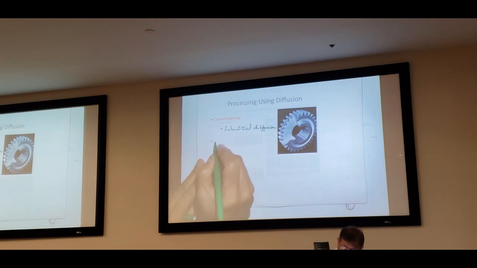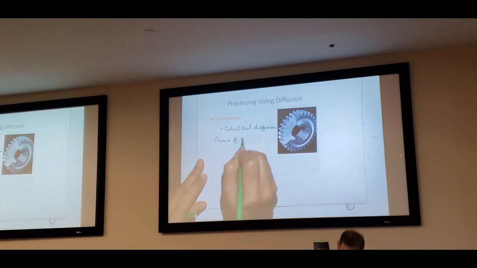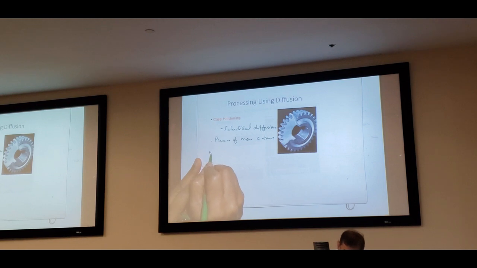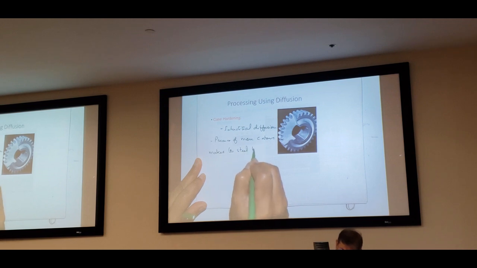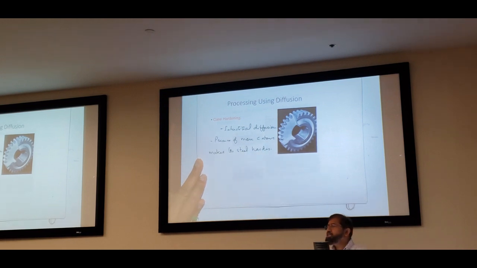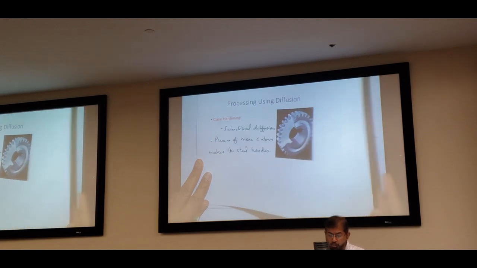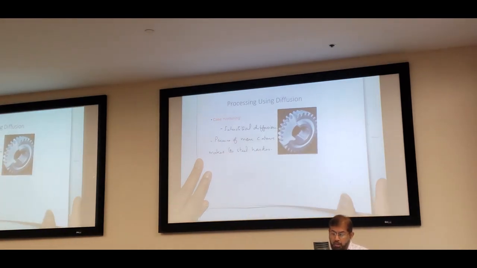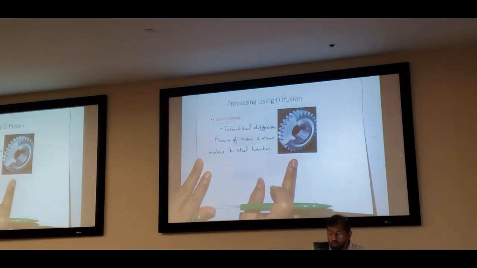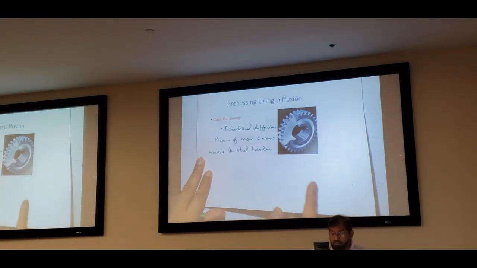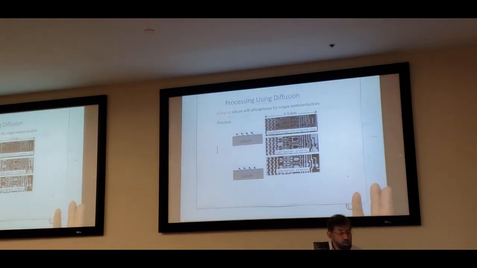The presence of more carbon atoms makes the steel harder. So that's an example, a case hardening quiz question. You can make the outside of the gear harder by diffusing more carbon atoms into the steel.